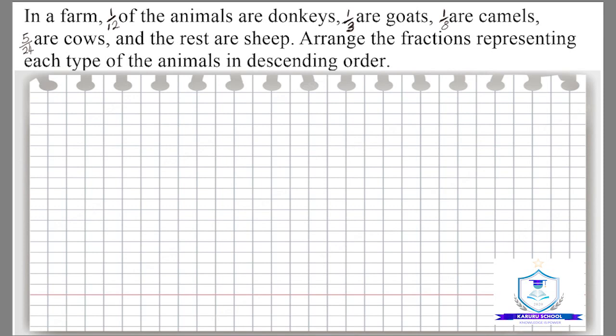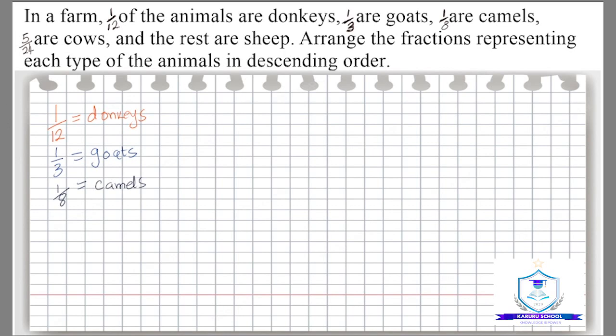So to answer this question, we will need to identify the various fractions involved in the question. So we have 1/12, which corresponds to donkeys. And then we have a third, which corresponds to goats, and then we have an eighth, which corresponds to camels.